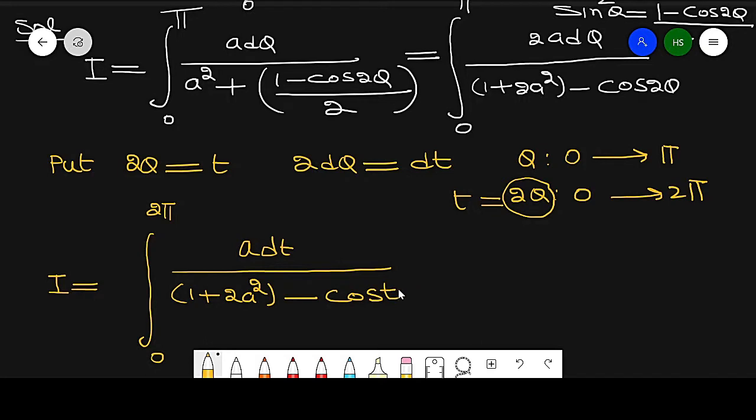Now this is a function of cos angle or sin angle, and its limit is from 0 to 2 pi. Now it satisfies the condition of unit circle.